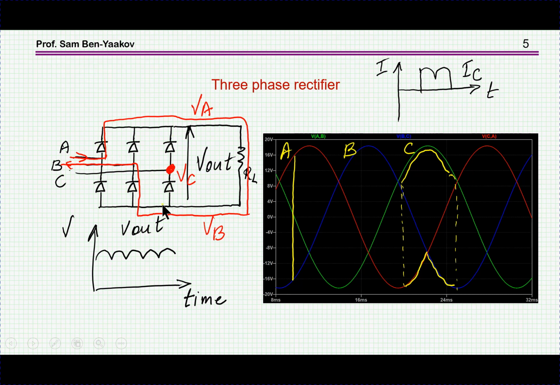Now once this rectification is taking place, then on the one hand we are going to have an output which would look like that, with some ripple on it, and the phase current will look like this.